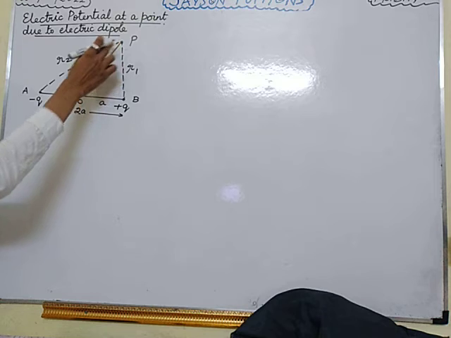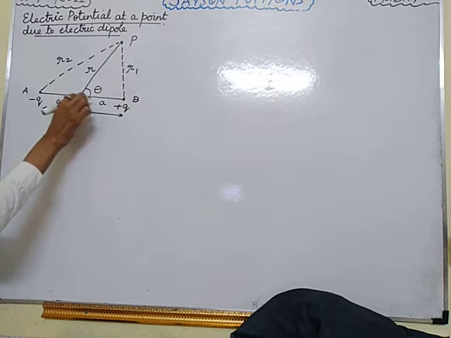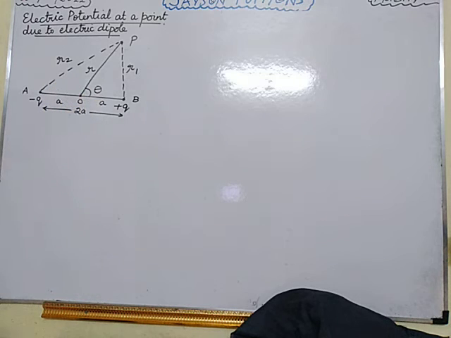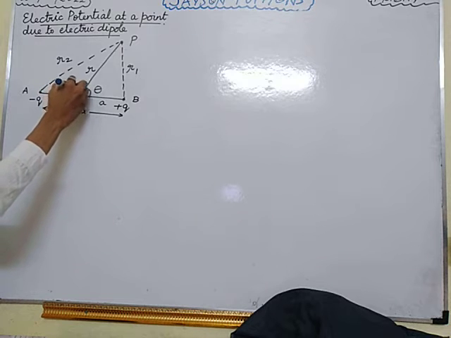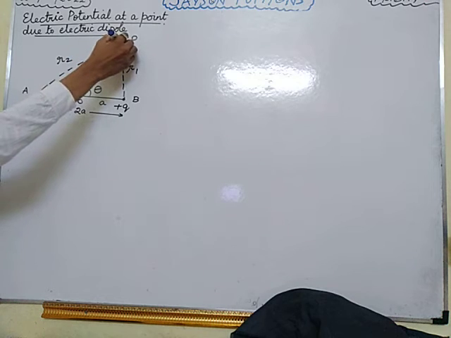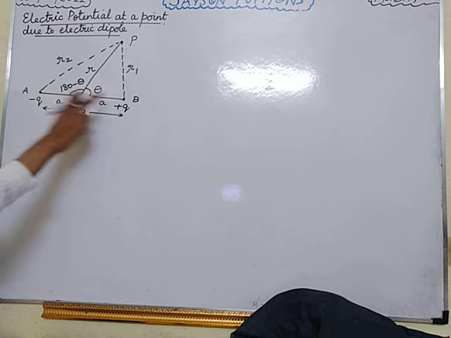The angle OPB, I am taking as theta. The full angle of a straight line is 180 degrees, so if this angle is theta, this will be 180 minus theta.